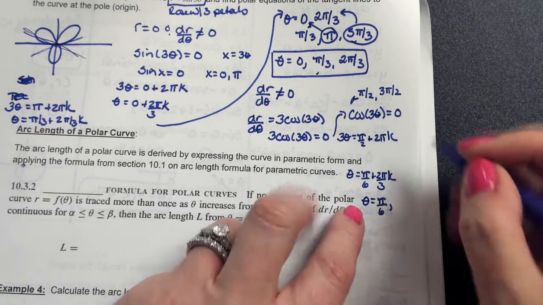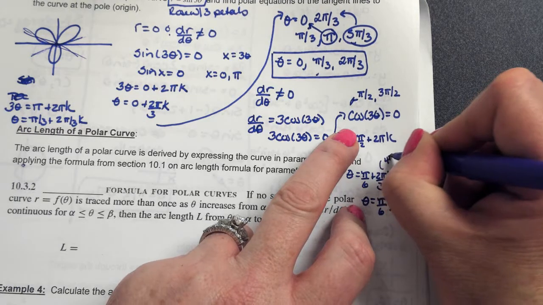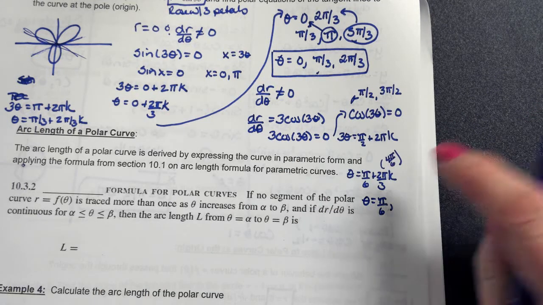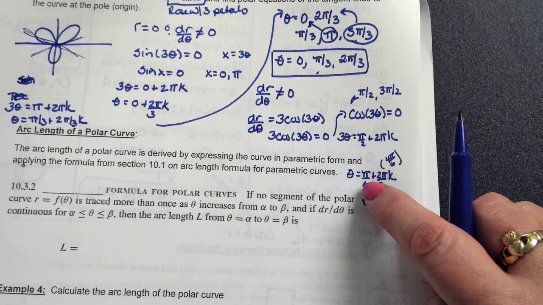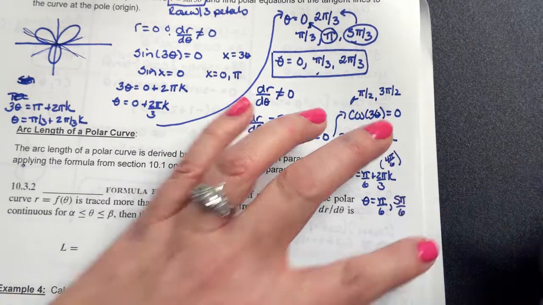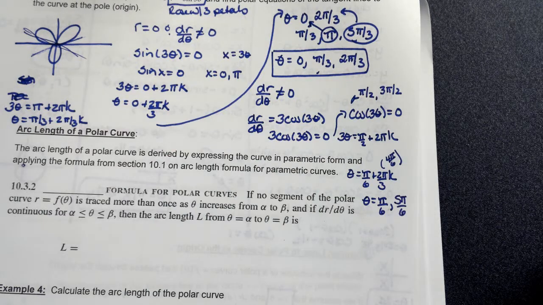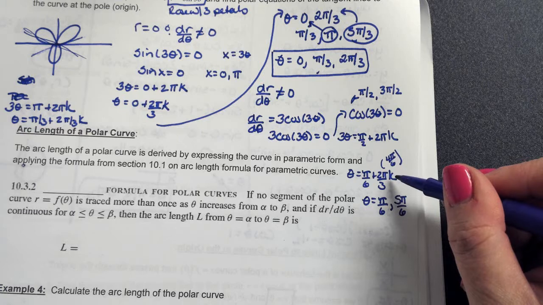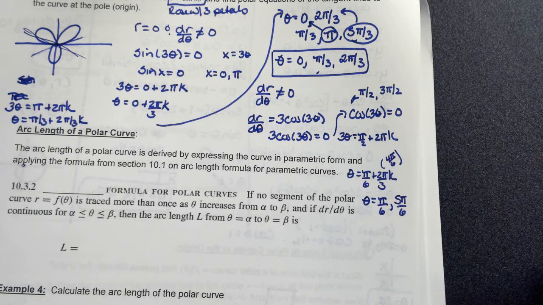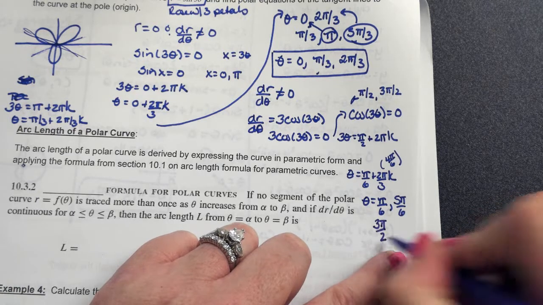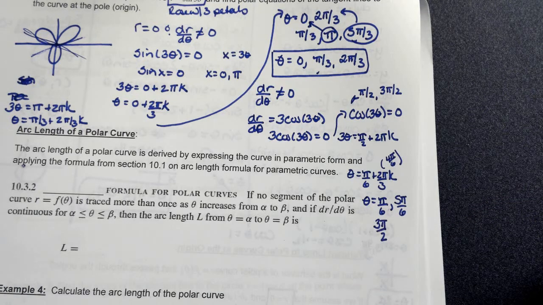If I plug in 1 for k, remember I'm going to write this with a common denominator, 4 pi over 6. So plugging in 1 for k, 4 pi over 6 plus pi over 6 is going to give me 5 pi over 6. If I plug in 2 for k, that's going to give me 8 pi over 6 plus pi over 6, which is 9 pi over 6, which is 3 pi over 2. And then finally, 3 for k would get me larger than 2 pi.